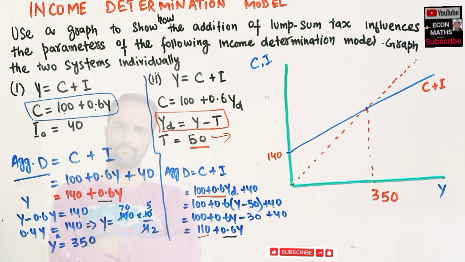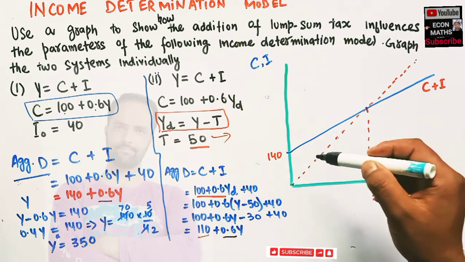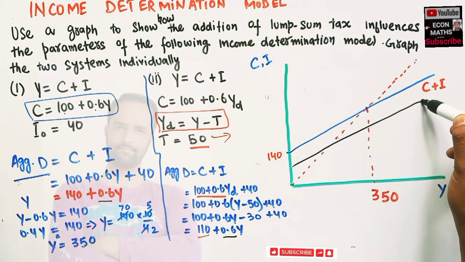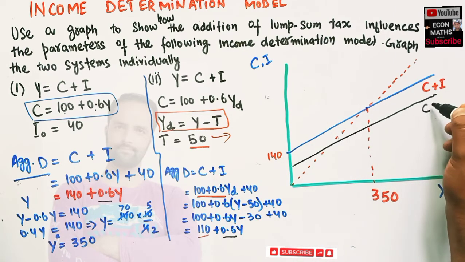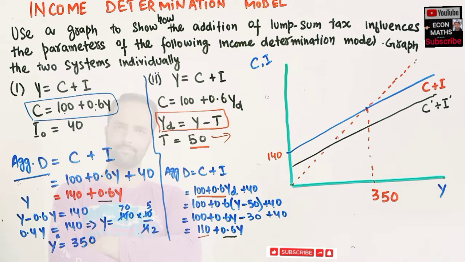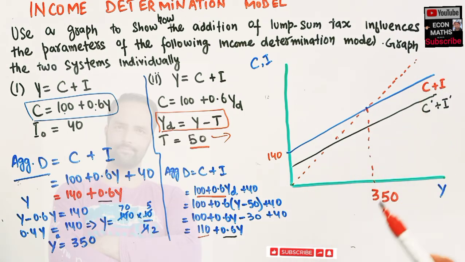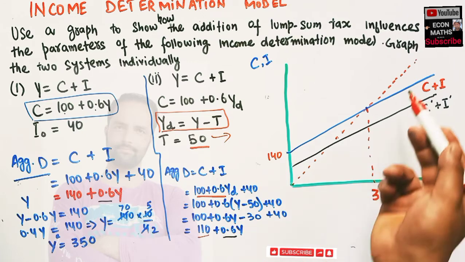Here we also have the same slope 0.6, so only the intercept has decreased. So let's draw it like this. Let us say this is our C dash plus I dash, the new aggregate expenditure. Again, equilibrium will occur where our aggregate expenditure schedule intersects the 45-degree line.